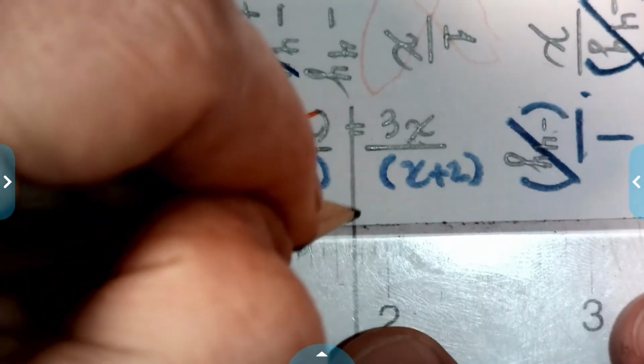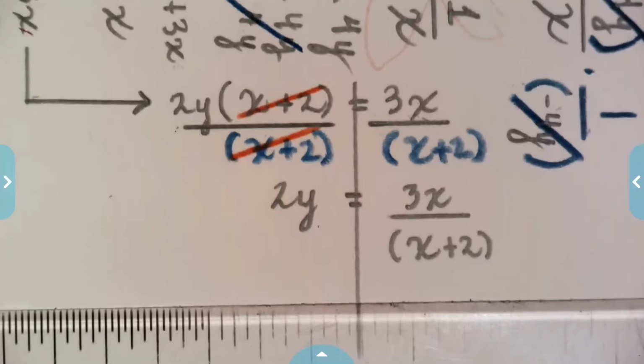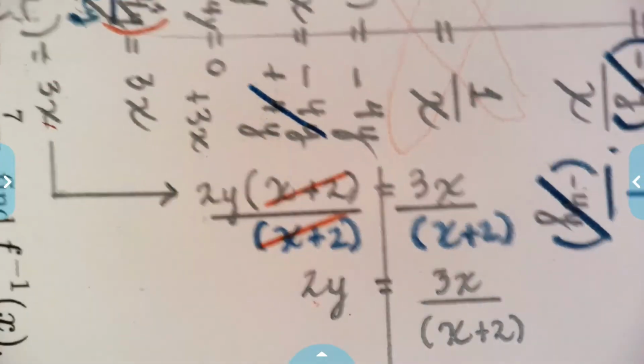Let me make a new line here. I got 2y equals 3x over x plus 2 in parentheses there. Okay, final step. Final step is to divide both sides by 2.